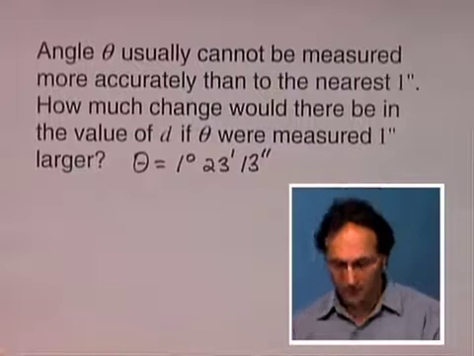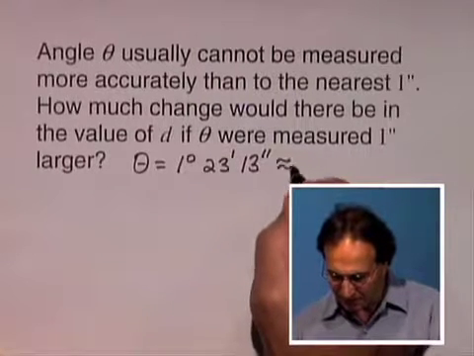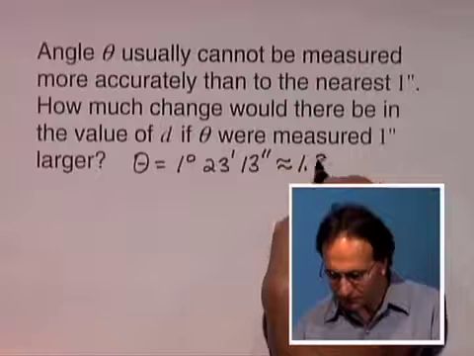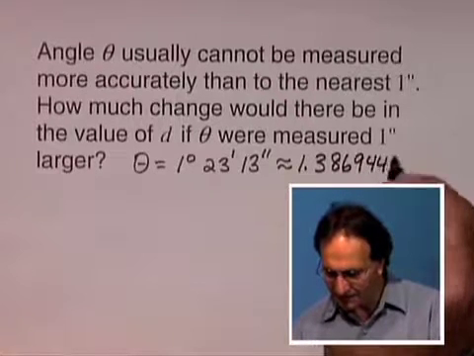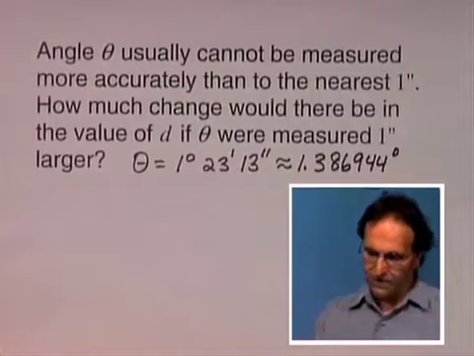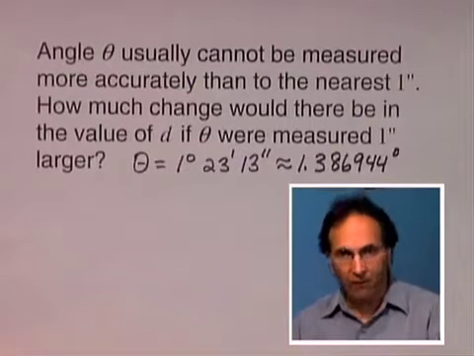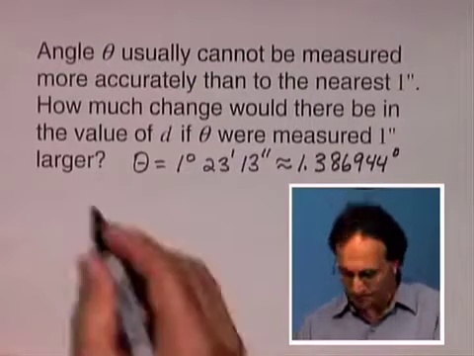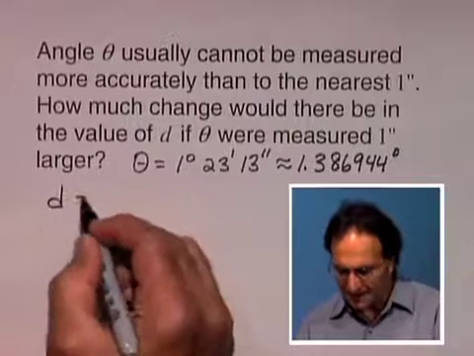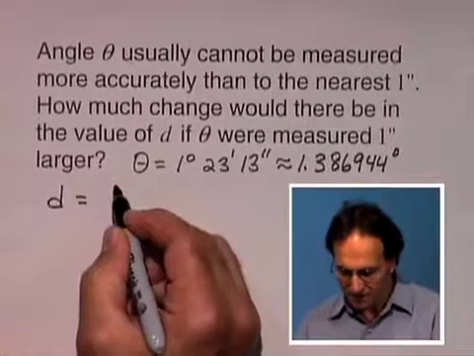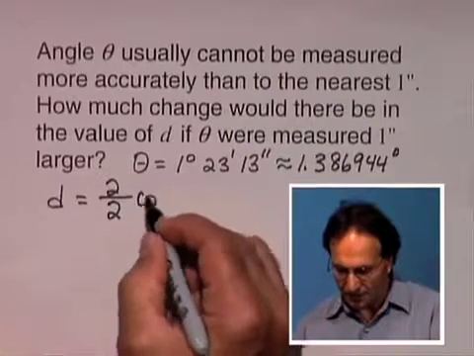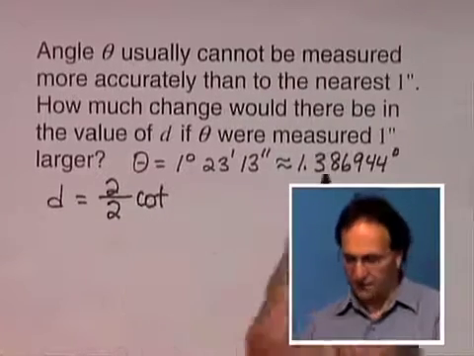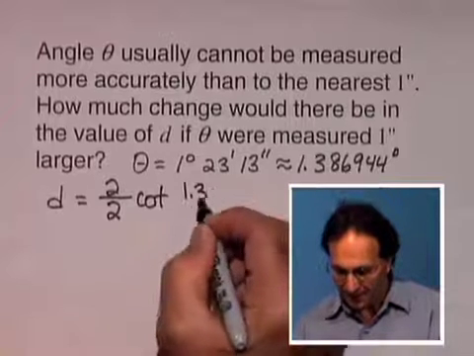Converting that to decimal degrees, it would be approximately equal to 1.386944 degrees. Now, we use the same formula that we just used, which is that d is equal to b, which is 2, divided by 2, times the cotangent of the angle divided by 2.